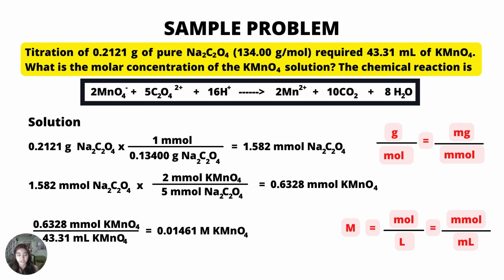Since we have millimole, you can just input the 43.31 milliliter of potassium permanganate. So we can derive an answer of 0.01461 M, molarity of potassium permanganate. So that would be the answer.